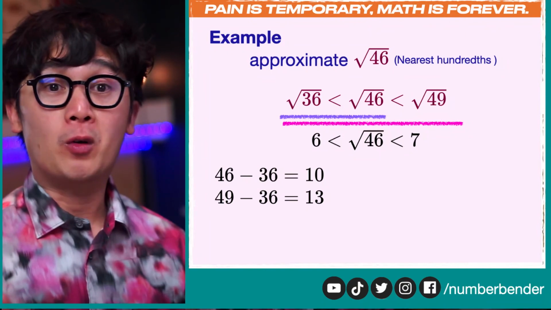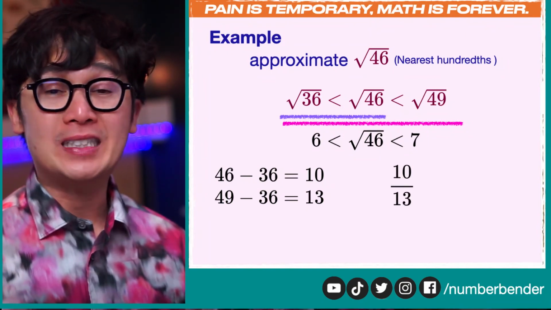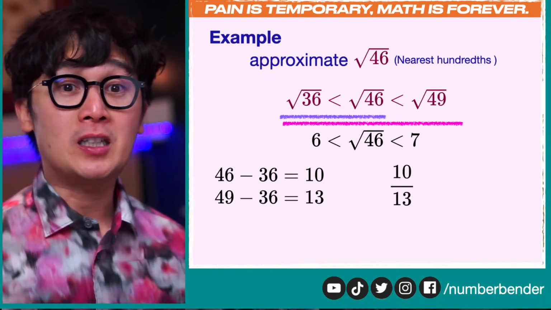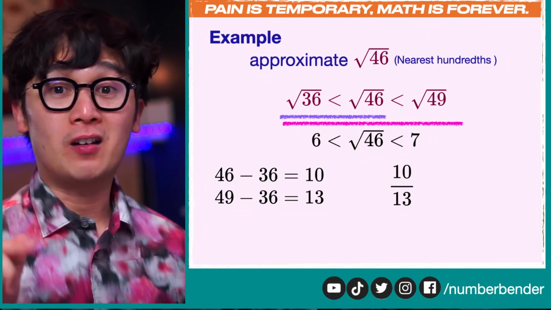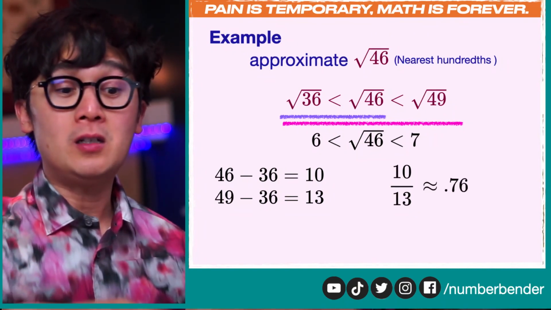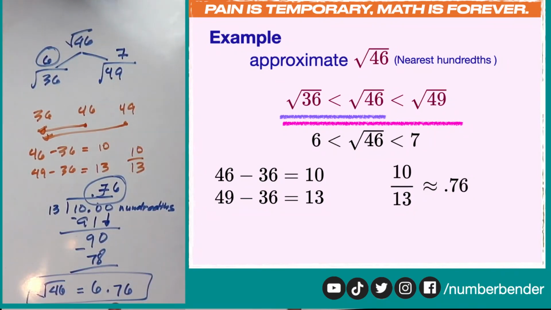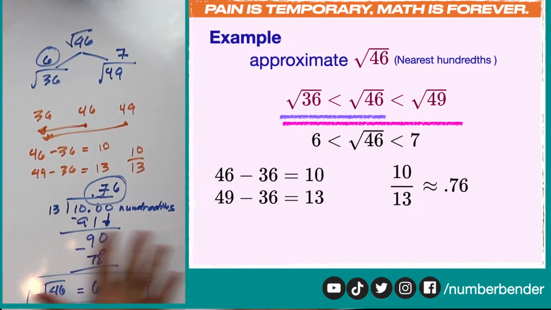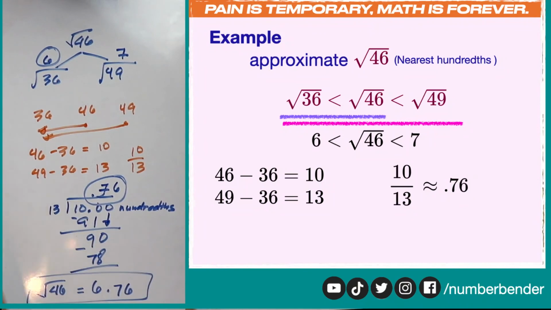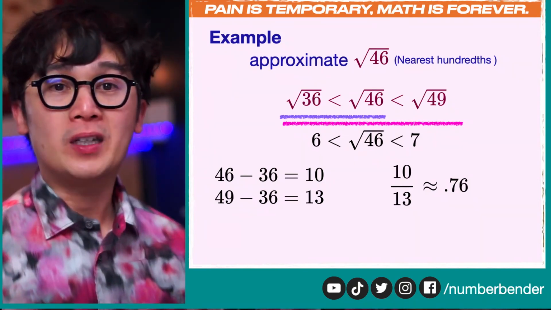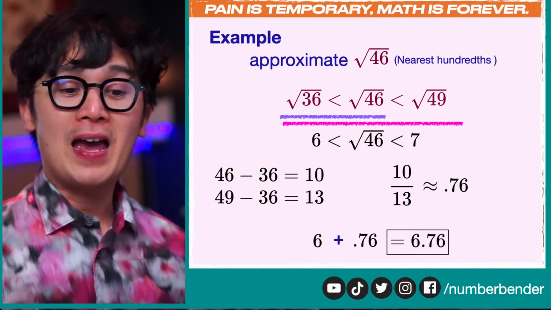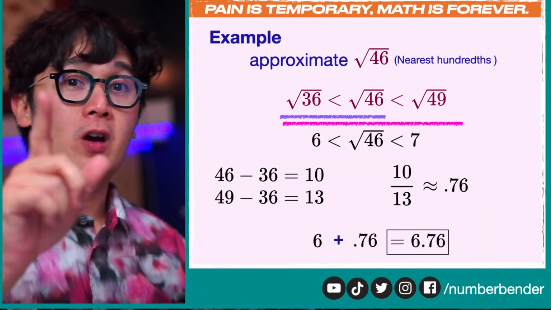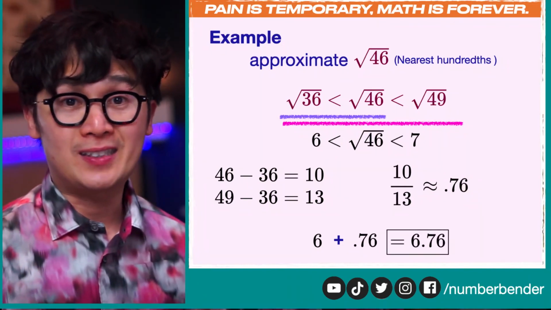And now we have our rational number, which is 10 over 13. This fraction can be turned into a decimal by dividing it using long division. And using long division, we know that 0.76 is what we have found from our work. And now all we need to do is put 6 and 0.76 together, and that will be the estimated value of square root of 46.